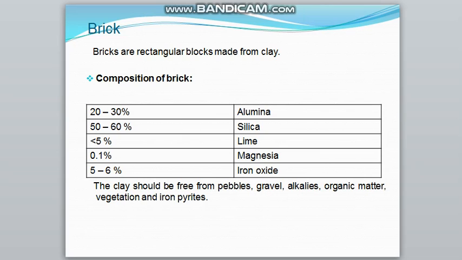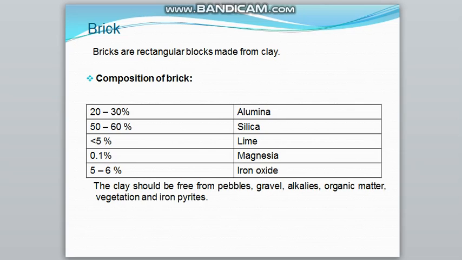When mortar is placed in between the bricks, the size becomes 20 × 10 × 10 centimeters. This is one of the important factors we should know.